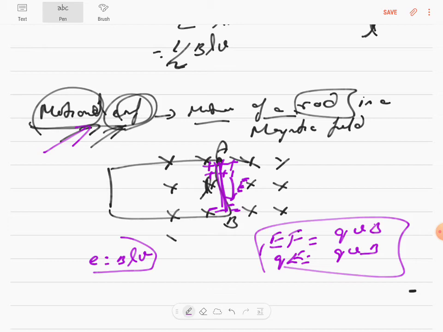The only extra point you need to add is that the electrons in the rod move down, the positive charge in the rod moves up, thereby creating an electric field from top to bottom, A to B, which will be equal to the electric force, because the Lorentz force is what created the electric force, and so the forces are equal. Just for you to know, okay, that's all.